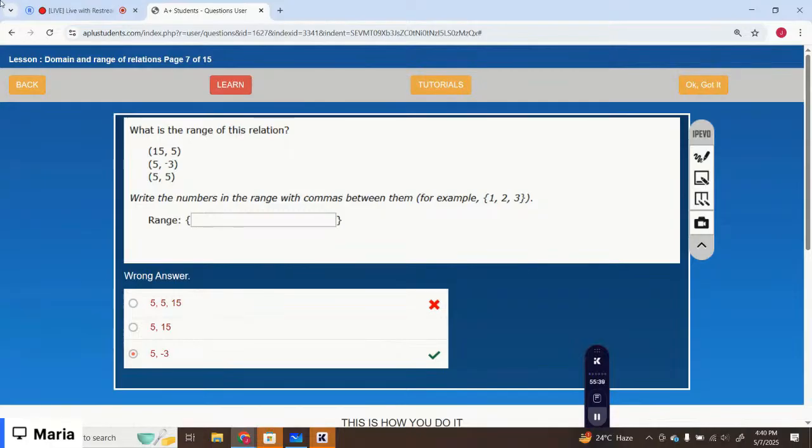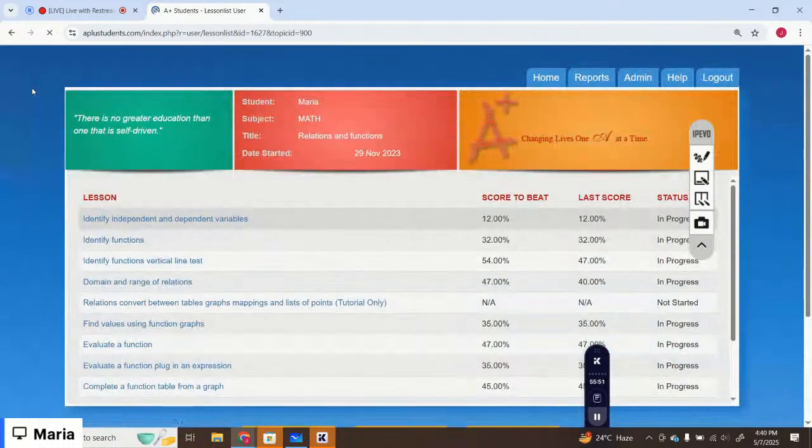So we are working on grade 9 math. The chapter we're working on is relations and functions.